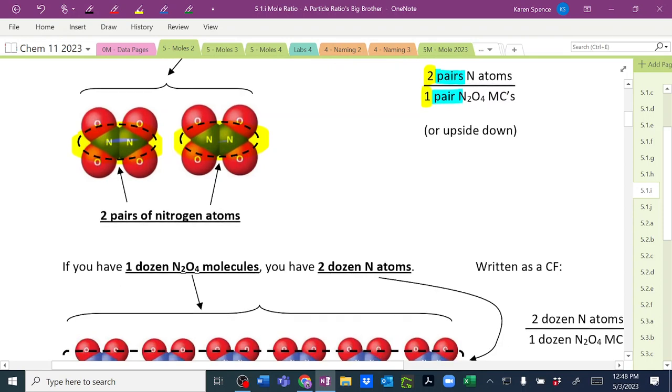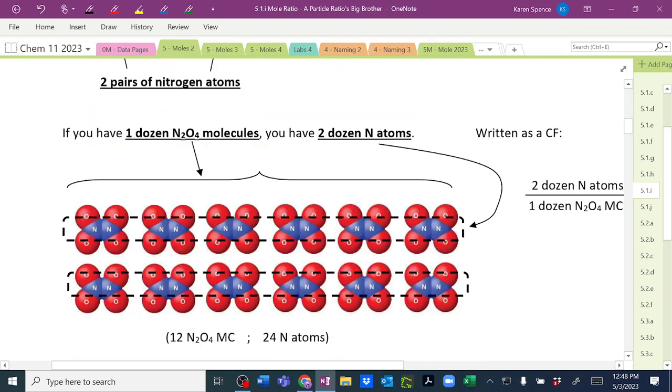Now, if I have a dozen N2O4 molecules, and you can count them up, in the first row we have 1, 2, 3, 4, 5, 6 molecules, and in the next row we have 7, 8, 9, 10, 11, 12 molecules.